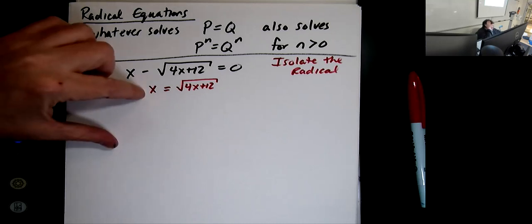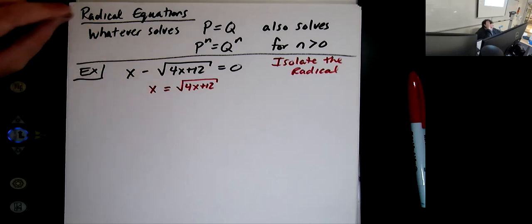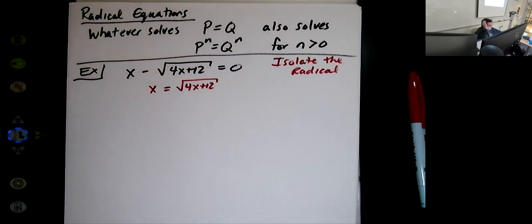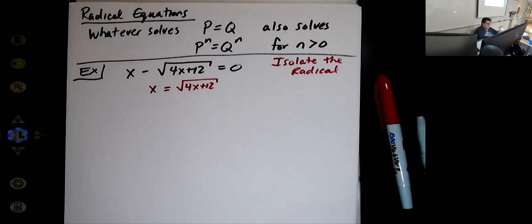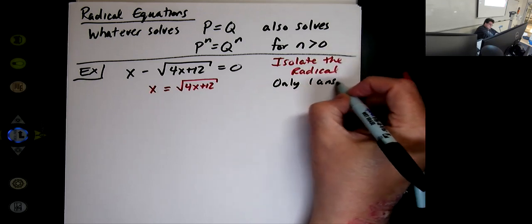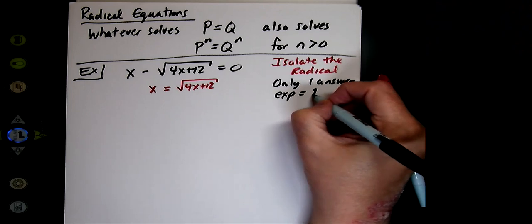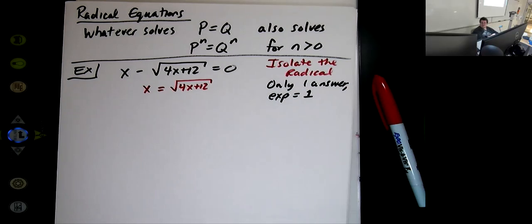Right now, the highest exponent in this equation is 1. There is only one answer. I'm going to make a note of that. Only one answer. Can we square both sides? Yes, we can. That's what we're going to do.